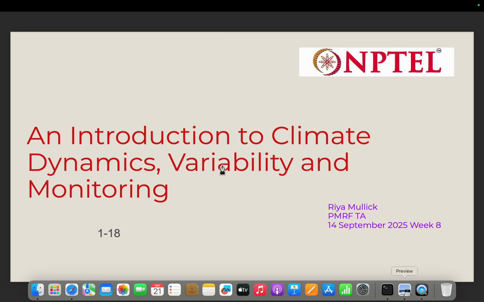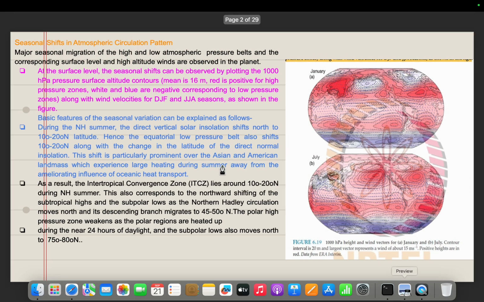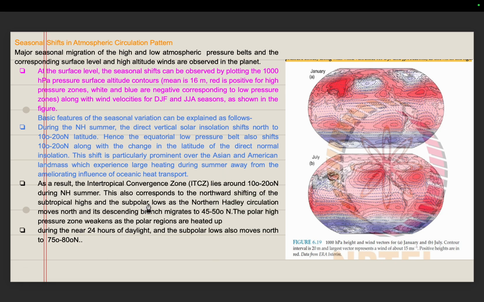So today we will first review a few of the weekly contents from week 7 and week 8, and then we will see what kind of MCQ questions could be asked from those contents. Now we have seen there is a seasonal shift of atmospheric circulation pattern on our earth.